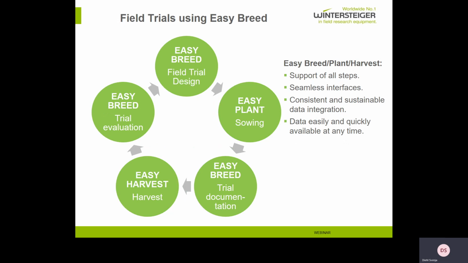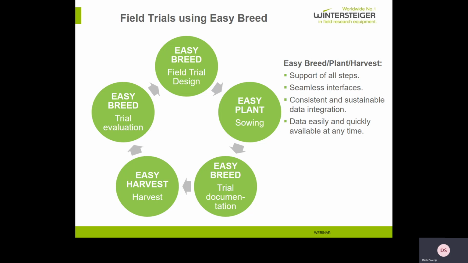This is where EasyBreed comes in. EasyBreed, in combination with sowing and harvesting platforms, optimizes the whole process around a field trial. In the WINTERSTEIGER world, EasyBreed interacts with EasyPlant and EasyHarvest. Those are the software components of WINTERSTEIGER sowing and harvesting machines.